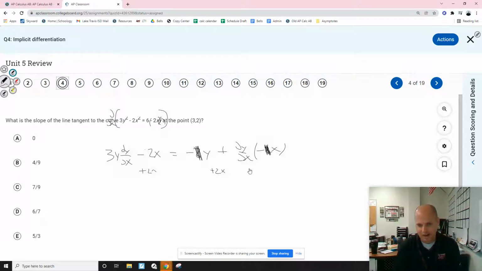You could subtract this, but that negative can be in front, so you could just add it, and that'll make it a positive. So I get 3y dy/dx plus dy/dx x equals negative y plus 2x.